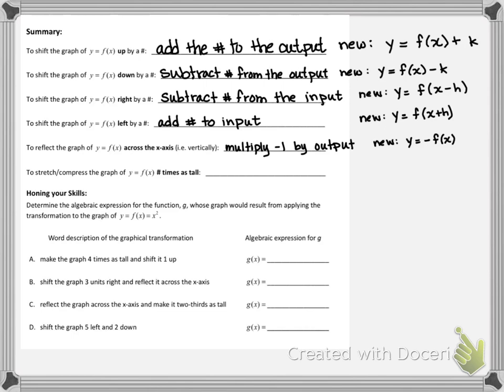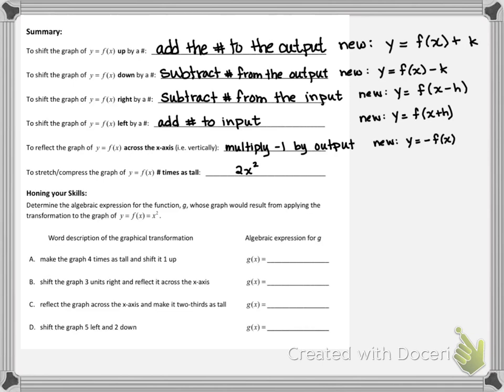So what about making it taller, so stretch or compress? What am I operating on? The input or the output? Yeah, the output, right? When you guys looked at these, you had something like 2x squared. And so order of operations would say square the input first and then multiply by 2.